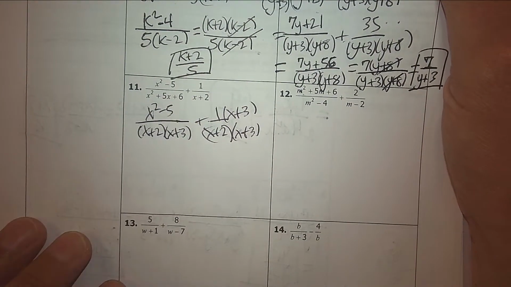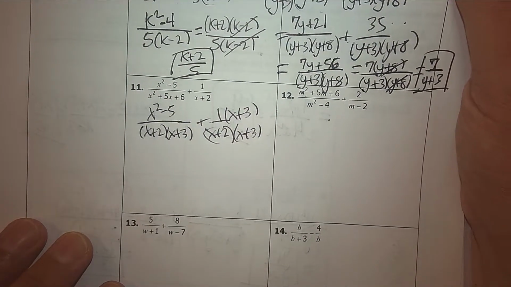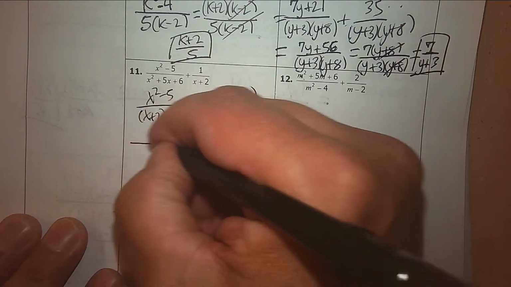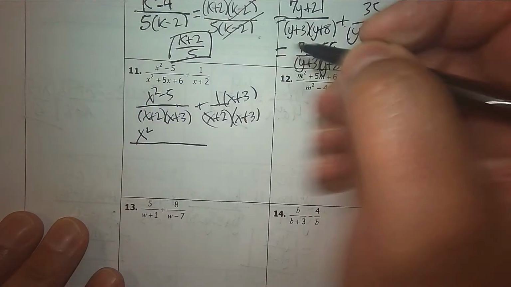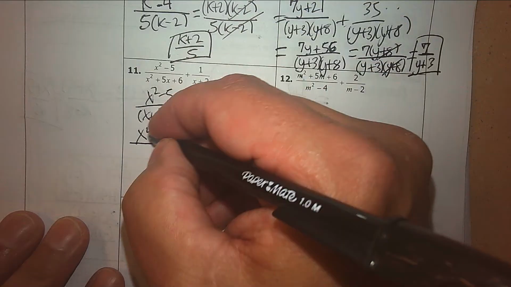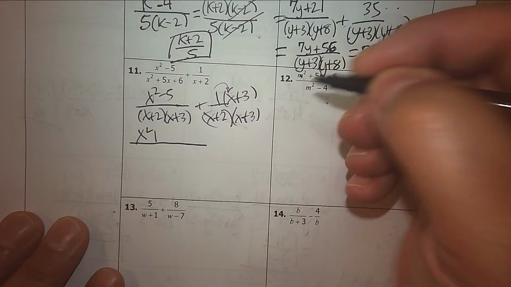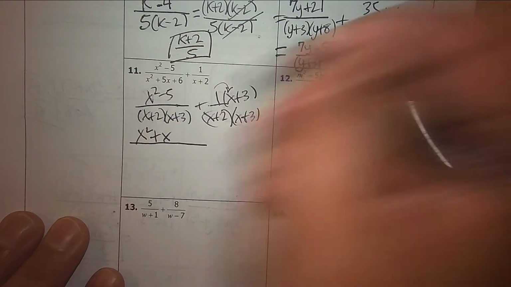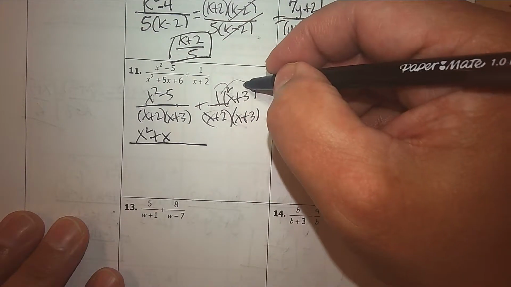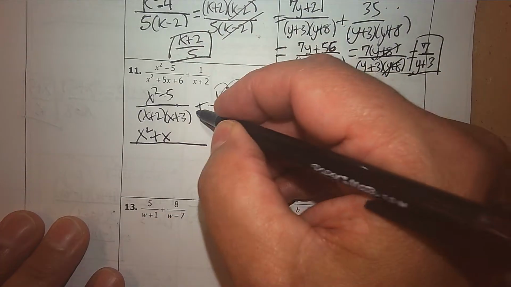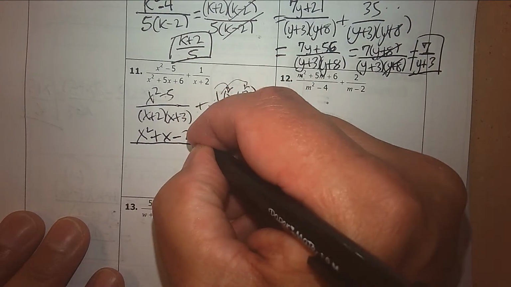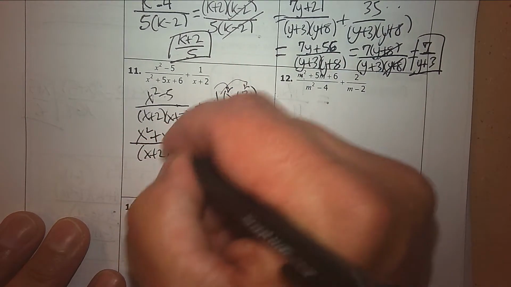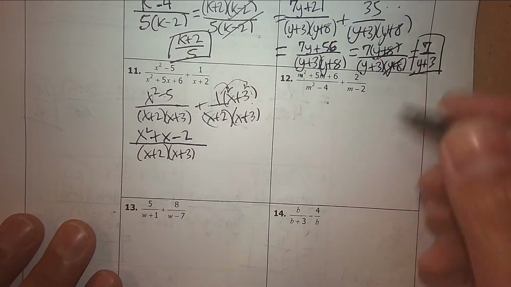So when you combine like terms, in the numerator, x squared, we have 1x, right? And what's 1 times 3? So negative 5 plus 3 is negative 2. To me, that might have been the hardest step, is to get here.